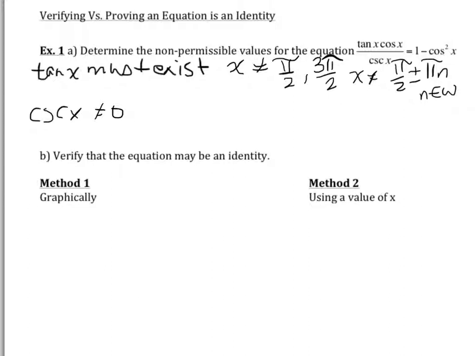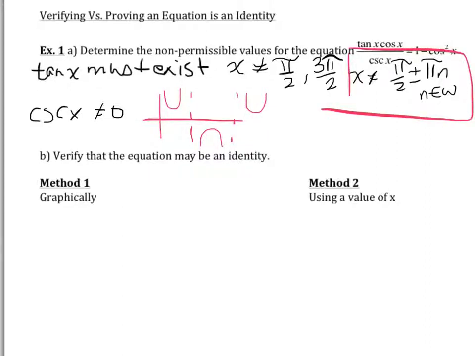And if you're not sure about that, let's think back to the graph we sketched. We can see a rough sketch of what cosecant looks like, and it's never equal to 0. It's always going to be greater than 1 or less than negative 1. So we don't really need to consider it anymore.